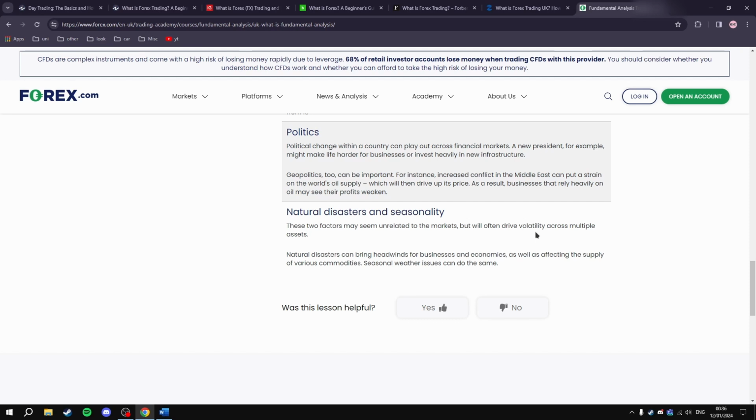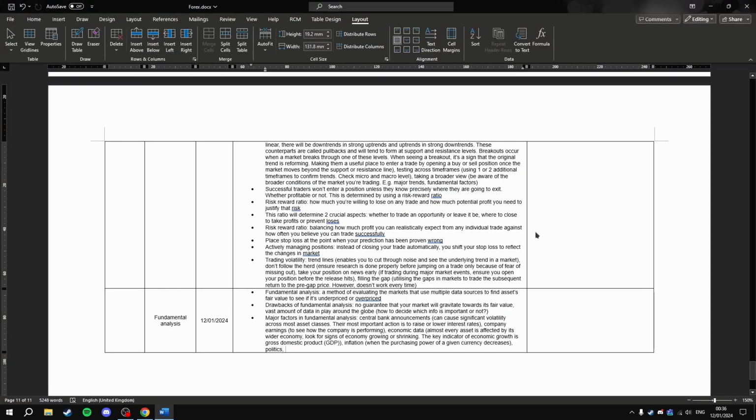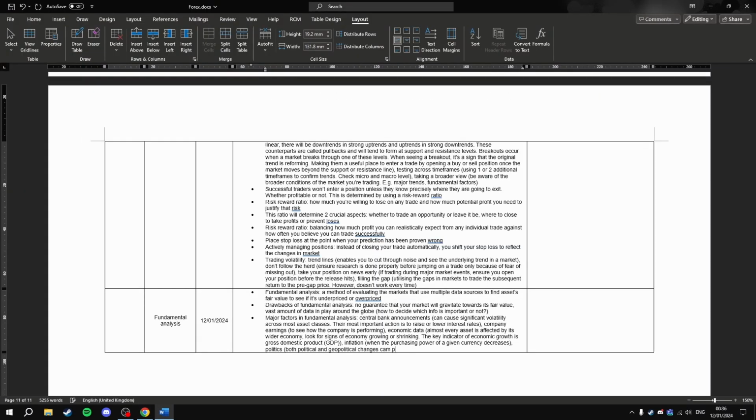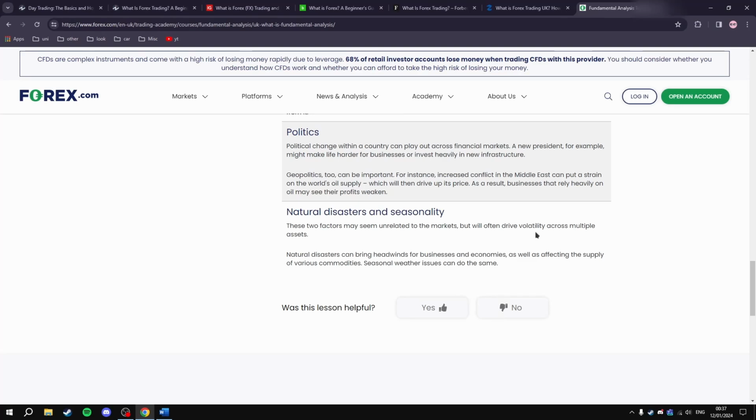As a result, businesses that rely heavily on oil may see their profits weaken.